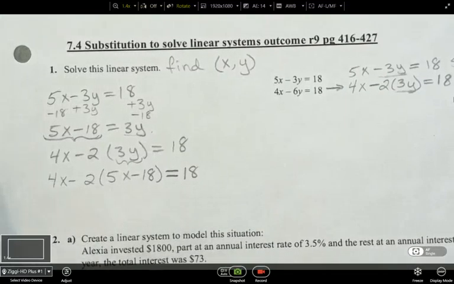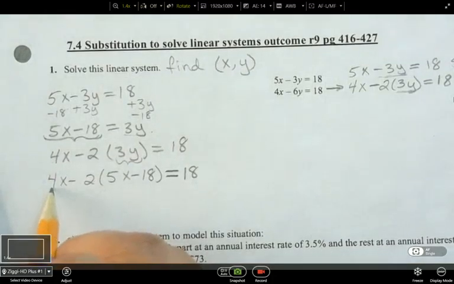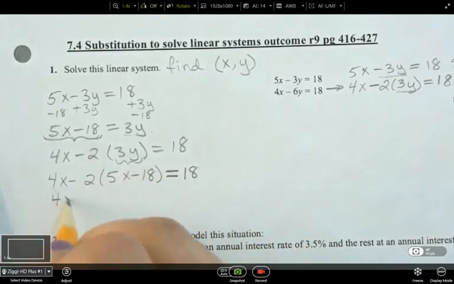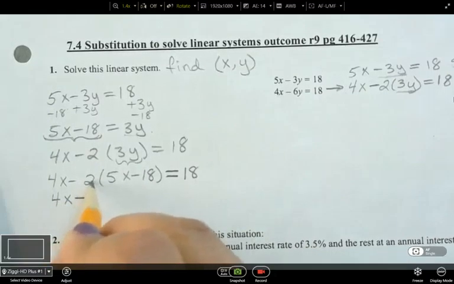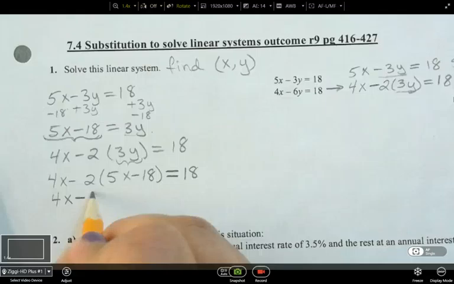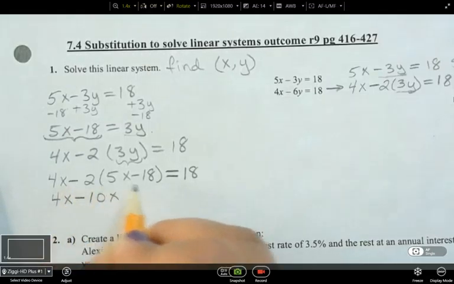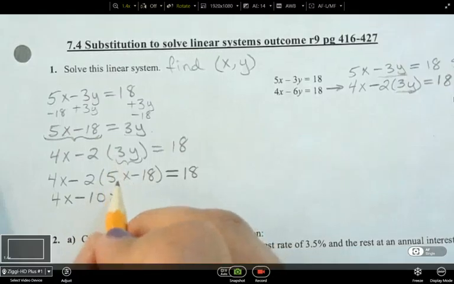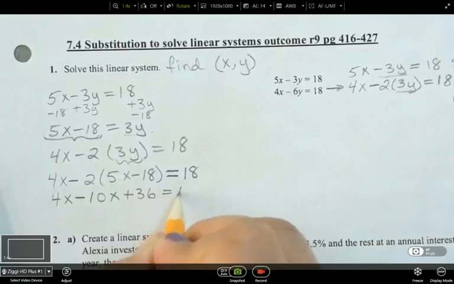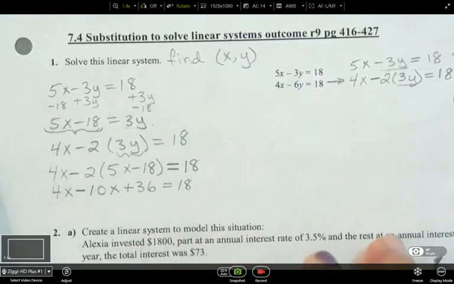All right, so now what do you notice we have here? We have an equation, and how many variables are in this equation? Just one. So we can do what at this point? I can distribute this -2 through and combine like terms. So this is going to give me -10x, and what is -2 times -18? Positive 36, and that's equal to 18.